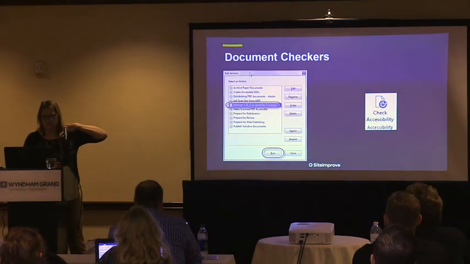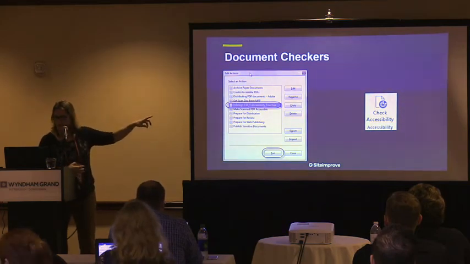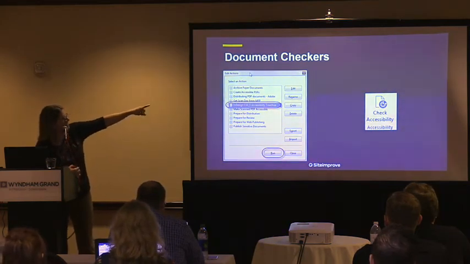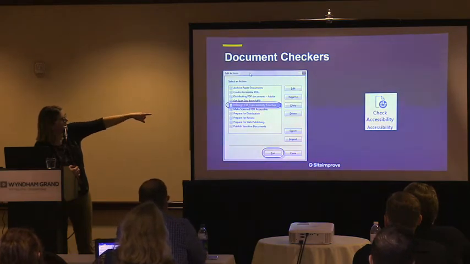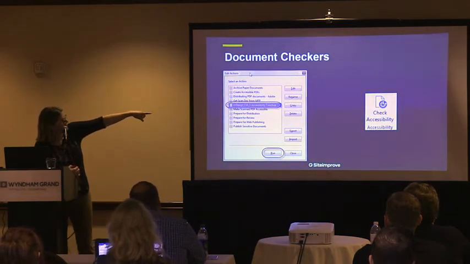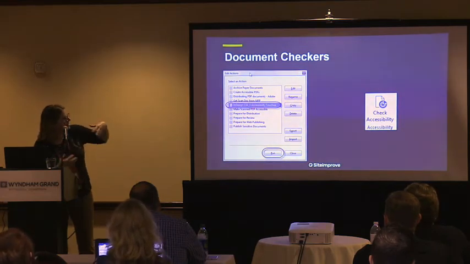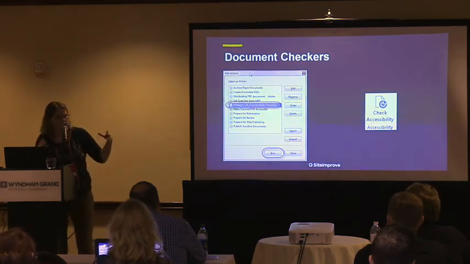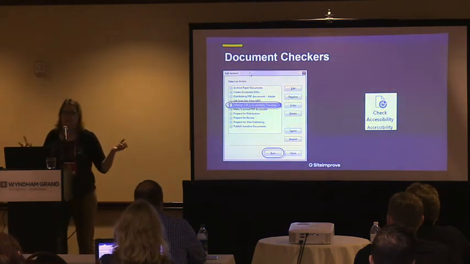All right. Within Adobe, this is under the Edit Actions screen in Adobe InDesign. There is an Adobe InDesign Accessibility Touch-Up. Basically, it's an automated tool, one of those action wizard things, that checks for as much as it can as far as accessibility.